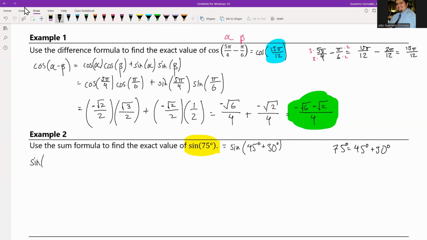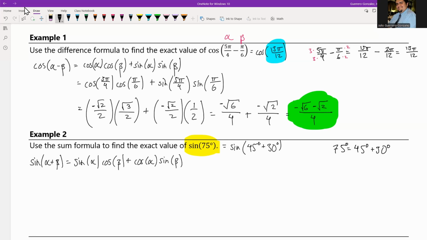So sine of some alpha plus some beta. Go to your worksheet. That's going to be sine alpha cosine of beta plus cosine alpha sine beta.